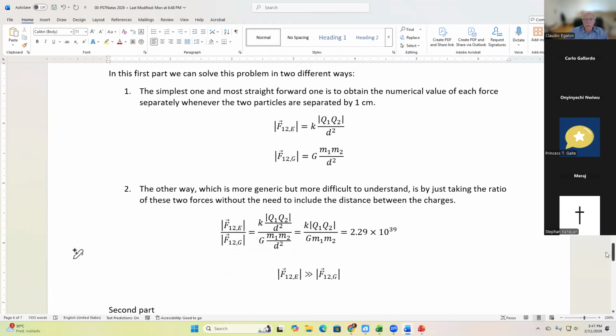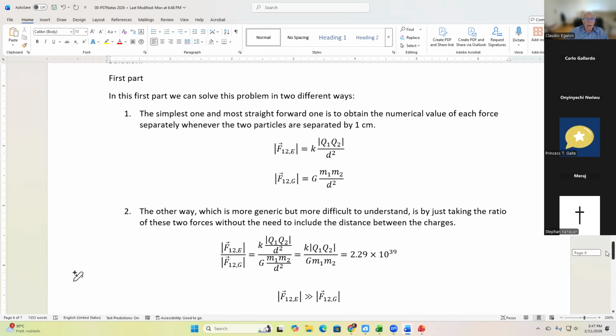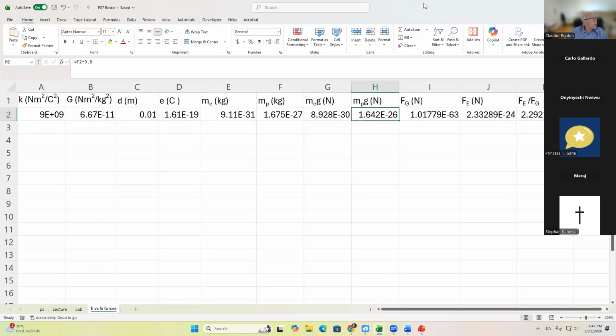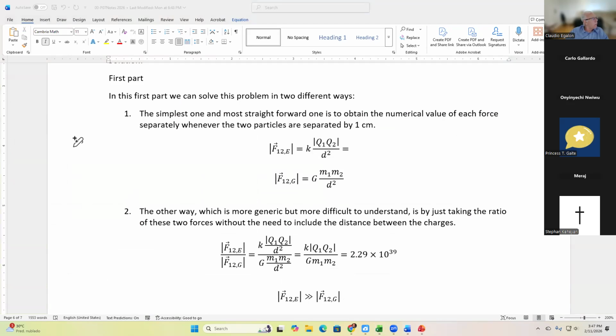The second part, here you go. This one I got the electric force. Going back to my spreadsheet, I'm gonna put here on the side. We are about to have our break, right? Gravitational force between them is going to be 1 centimeter distance, right?